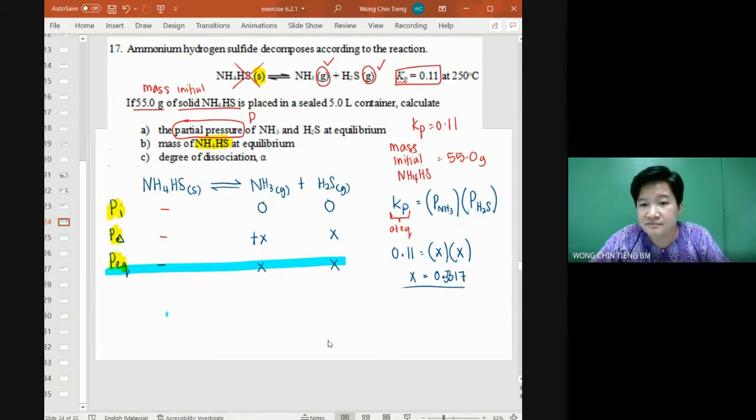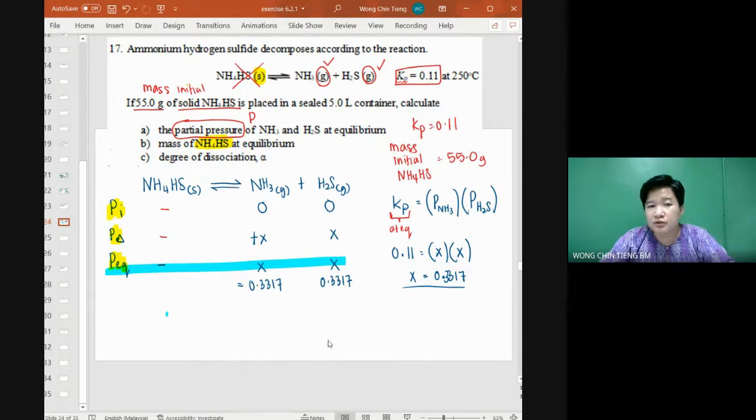Agree kelas? Setakat ni. Soalan pertama, you are pretty much done. I say pretty much because that is not your final answer. Question asking for the partial pressure, bukan X. Therefore, make sure kamu label balik. Over here, X equals 0.3317. Okay. Boleh.